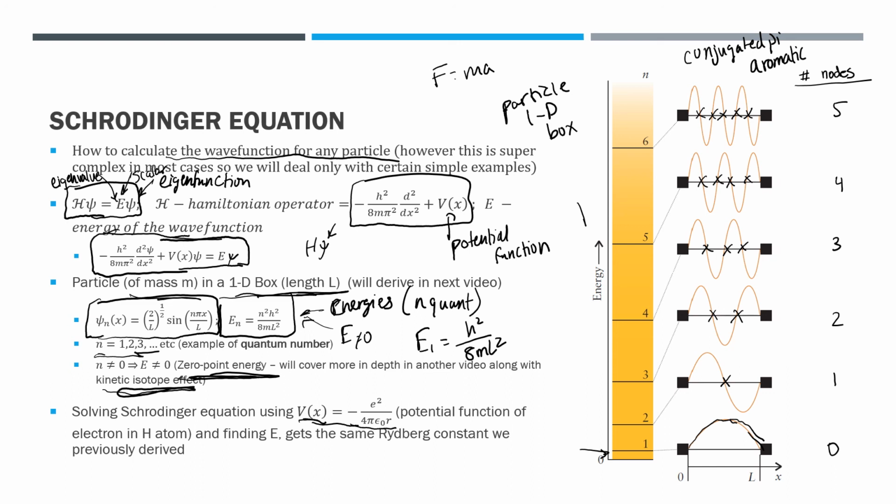And what is this potential function? This is the potential function of an electron in the hydrogen atom. So when he solved his equation using this potential function, he ended up getting the same Rydberg constant that we derived in a previous video, which should corroborate or show you that what we did was correct.